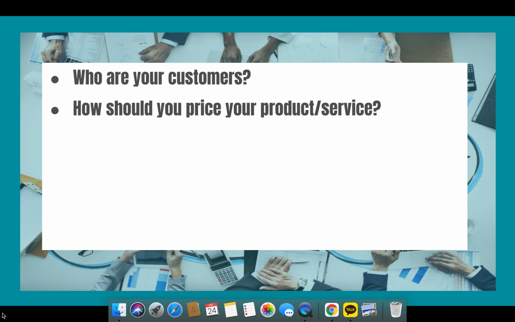Okay, so then the bundle of the product would depend now on how you would like to price your products and services. If we look at the airline industry, especially the low cost carriers, they would usually offer a very cheap airfare. Why? Because they give you just the basic airfare. Now, if you want leg space, you add to the basic pay.